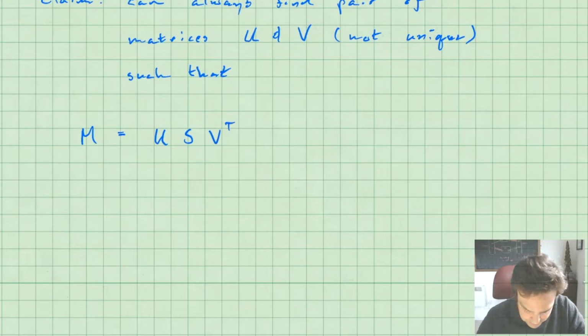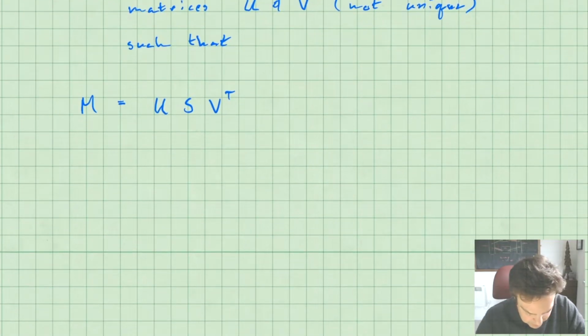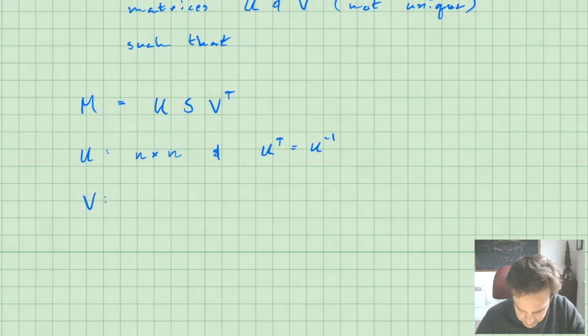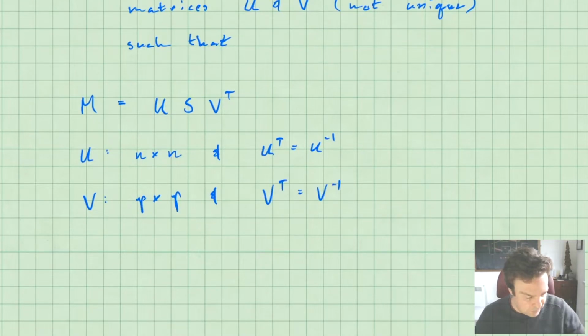And both U and V have the following property. So U is an n by n matrix and is what they call orthogonal, meaning U transpose is equal to U inverse. Make sure that that's clearly an inverse sign. And V is P by P and is also an orthogonal matrix, meaning that V transpose is equal to V inverse. Okay?